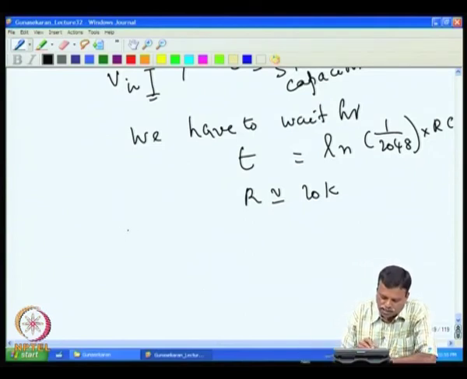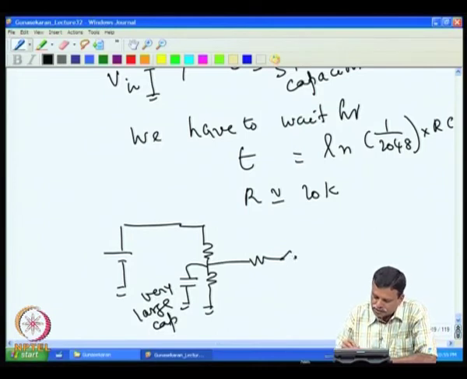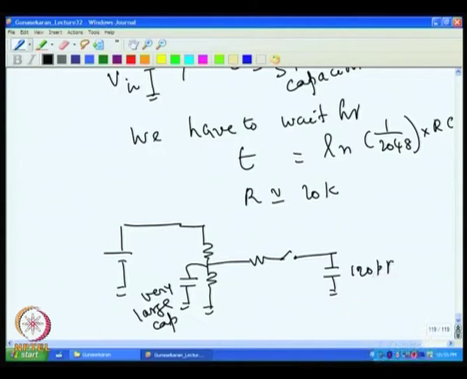Now, one easy thing that can be done is to introduce an op amp between these two. For example, if it is a battery voltage, one simple solution would be to have a very large capacitor here, say 1 microfarad, which then goes to the sample capacitor, which is 120 pF, and then to the ADC.